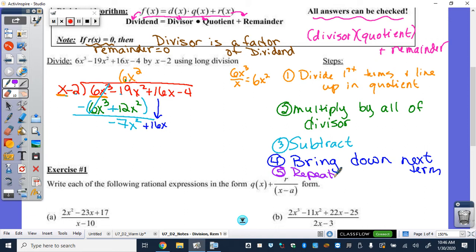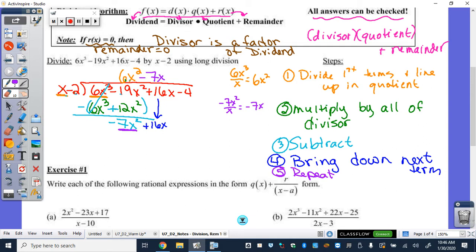This time, my first term is this negative 7x squared. I'm going to divide that by x. What does that give us? Negative 7x. So that goes up top. That's the next part of my quotient.